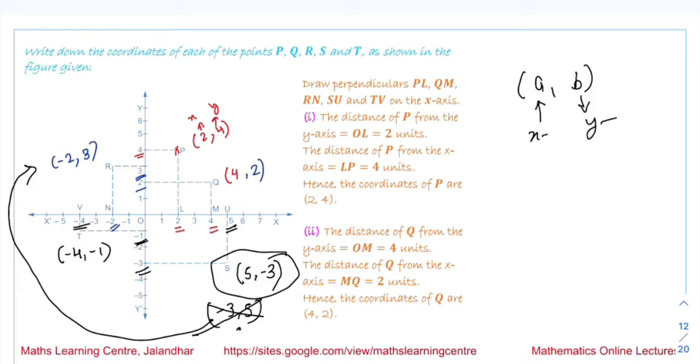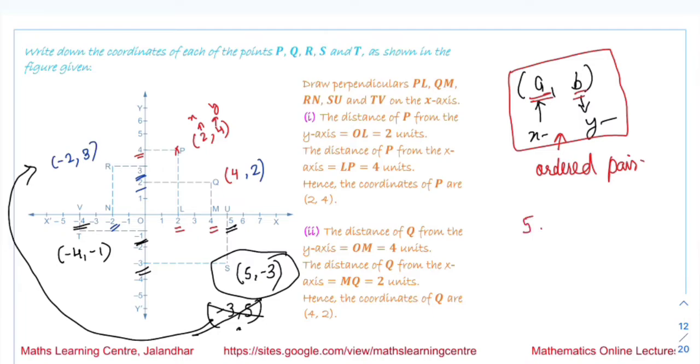That is why we say that these are ordered pairs. Ordered pair means that their order is fixed. 5 comma -3 is not the same as the point -3 comma 5.